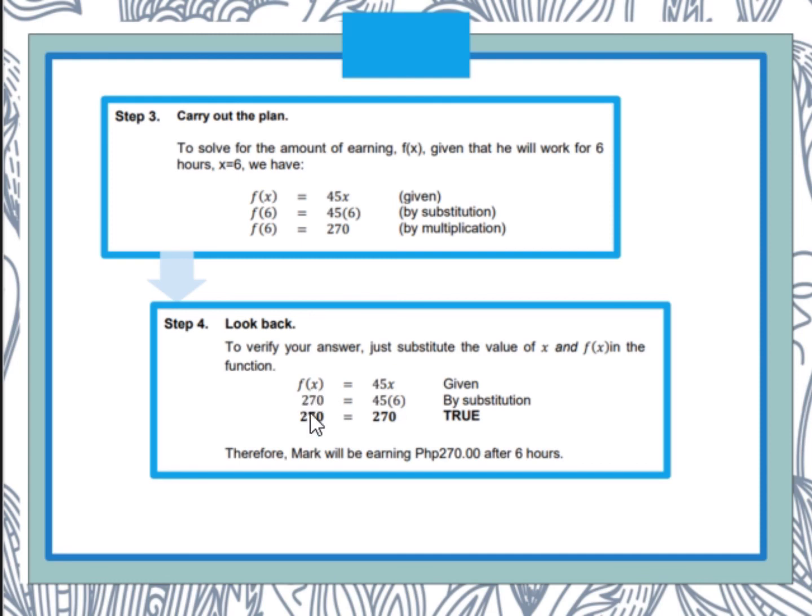F of x will be equal to 270 equal to 45 times 6. And 45 times 6 is 270, which is equal to 270. Therefore, Mark will be earning 270 pesos after working for 6 hours.